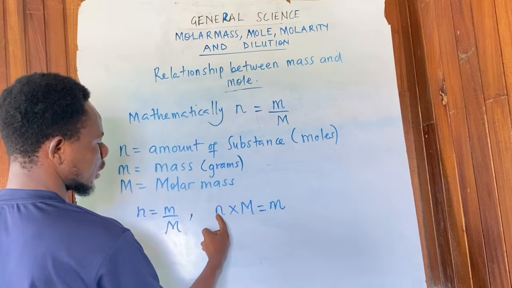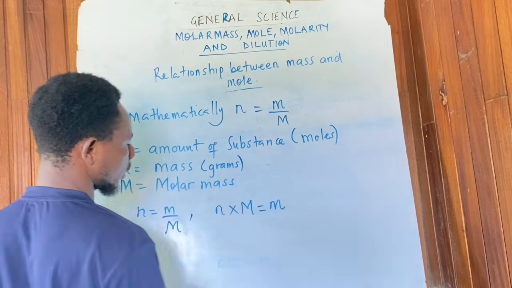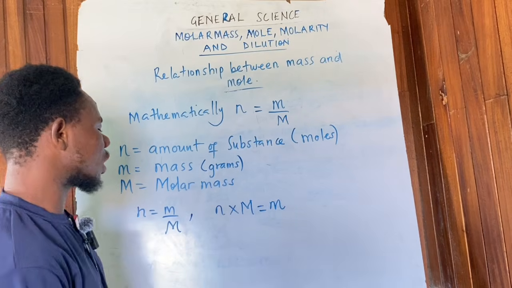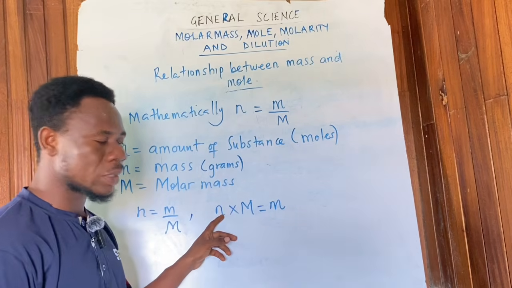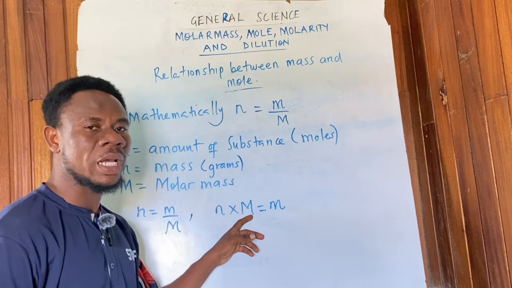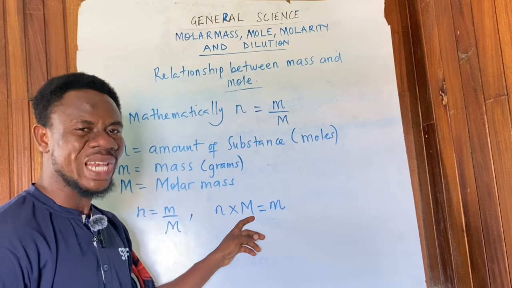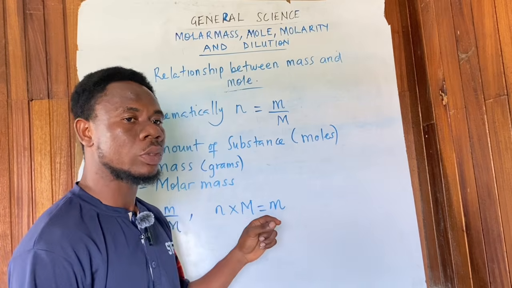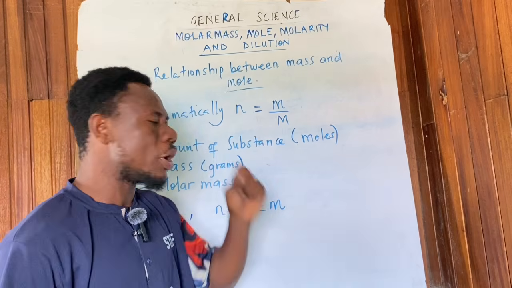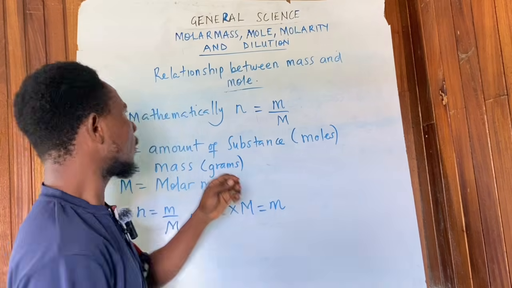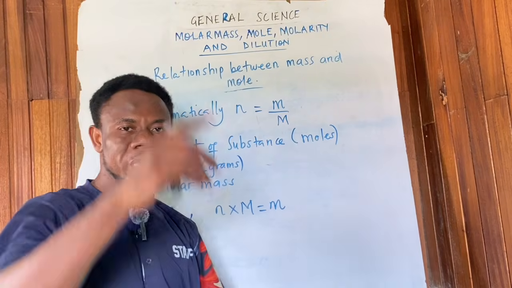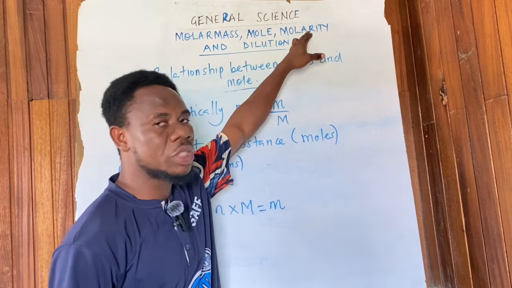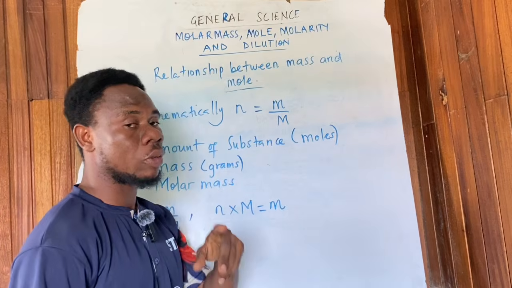This is our molar mass, this is our amount of substance, this is our mass. So if we want to find our mass, we have to multiply our amount of substance times our molar mass. Don't forget, we now know how to calculate the molar mass of any compound. Don't forget, we are going to use this from scratch till we end, because we will move to concentration, and we also go to dilution.